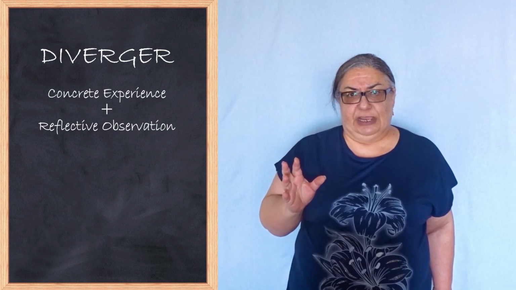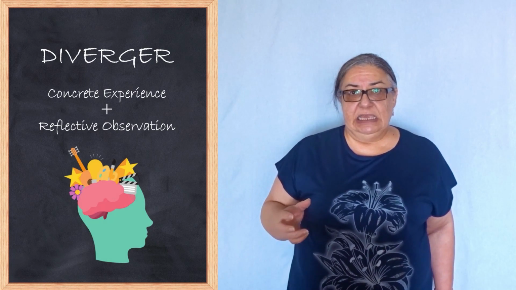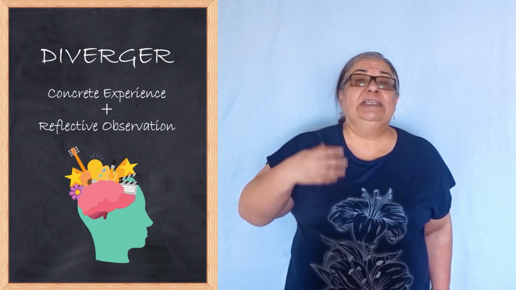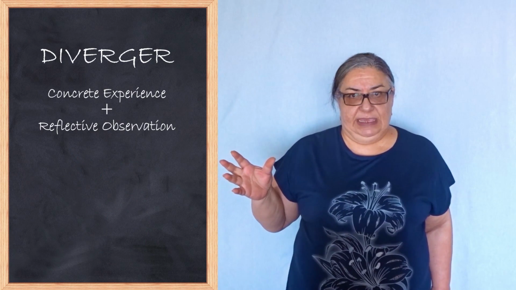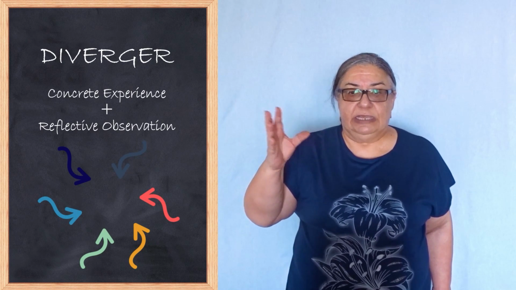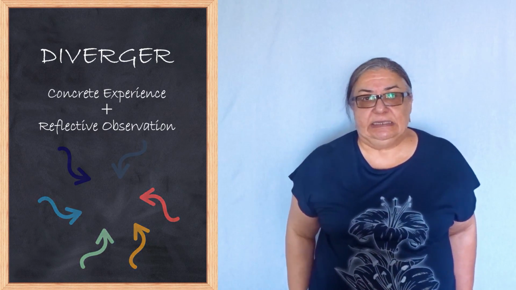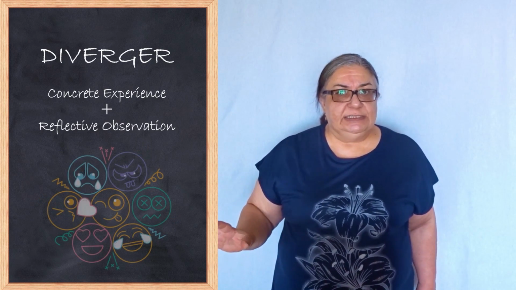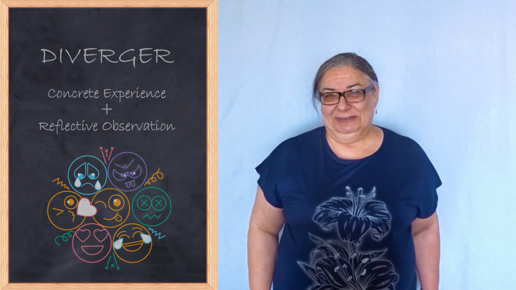Their greatest strengths lie in creativity and imaginative ability. They excel in the ability to view concrete situations from many different perspectives. They're interested in people and tend to be emotional.